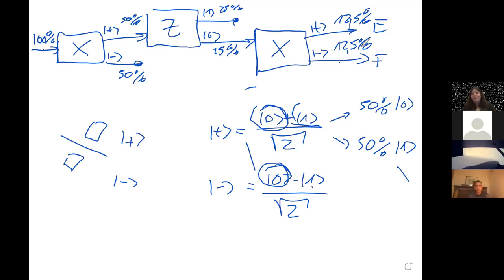So this is how you would do it a bit more mathematically, looking at how these basis states look. But you could also think as I did in my explanation. After this, you have either spin left or spin right.